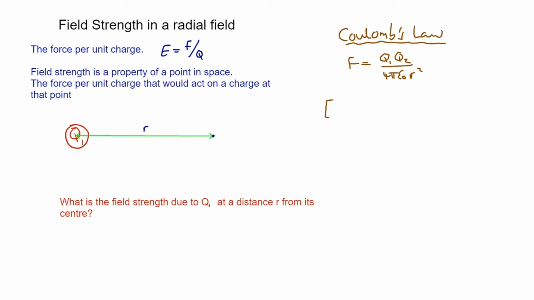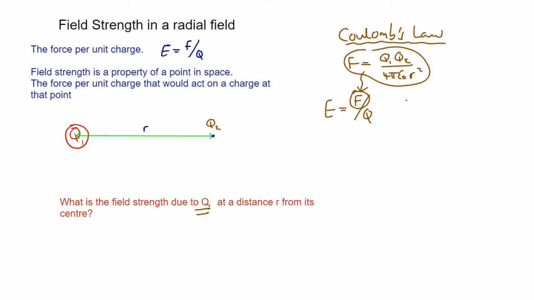So, electric field strength is the force per unit charge. In this case, we want to know the field strength due to Q1. If I put charge Q2 in the field of Q1, then the force on it will be given by Coulomb's law. And I want the force per charge, force per Coulomb. That's the force on Q2 coulombs, so I need to divide by Q2 to get the force that acts on each individual Coulomb.